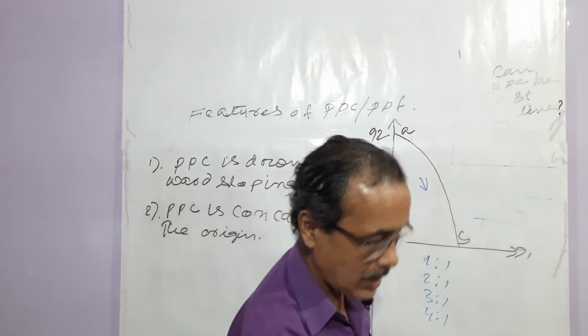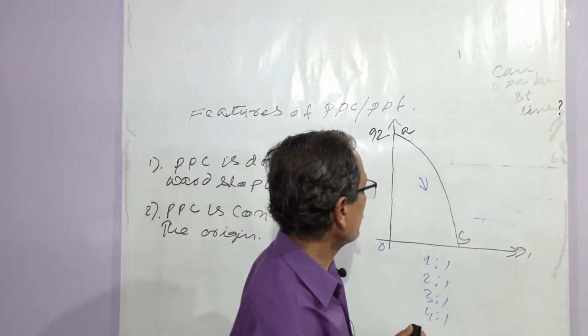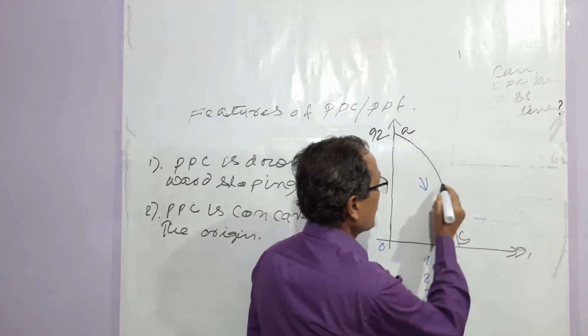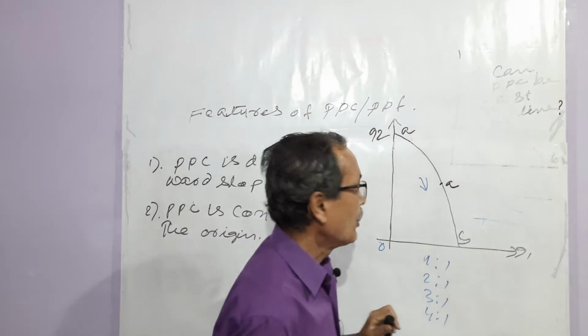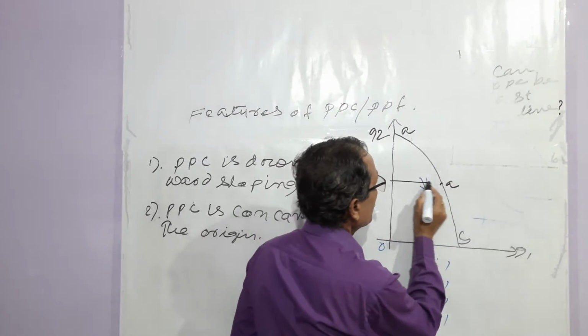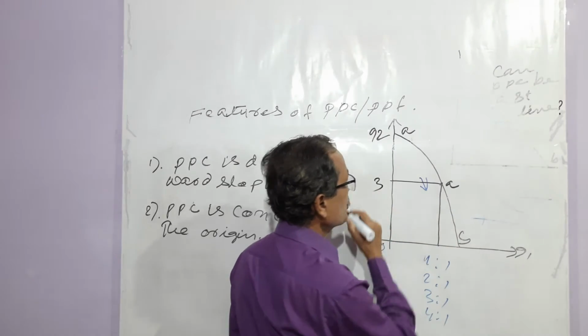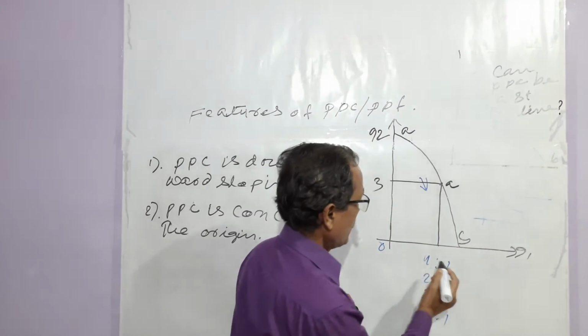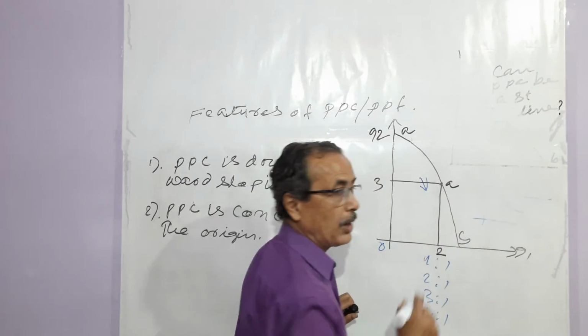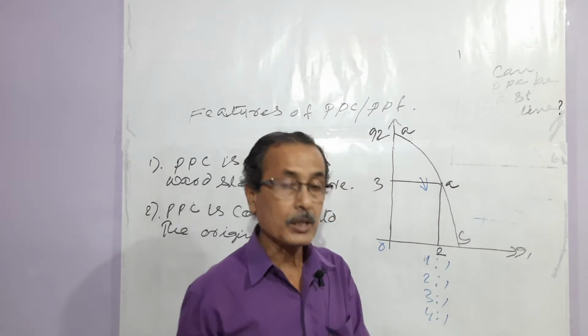Let's say you are at point A. What does it mean? You are, say, producing 3 units of good 2 and 2 units of good 1, with the given resource.